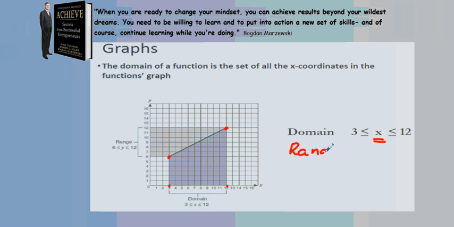The range, based on the graph, is the set of all values y such that the lowest value of y is 6, and the greatest is 12. So y is greater than or equal to 6 and less than or equal to 12. You can use interval notation or inequality notation to define the domain or range of a function.